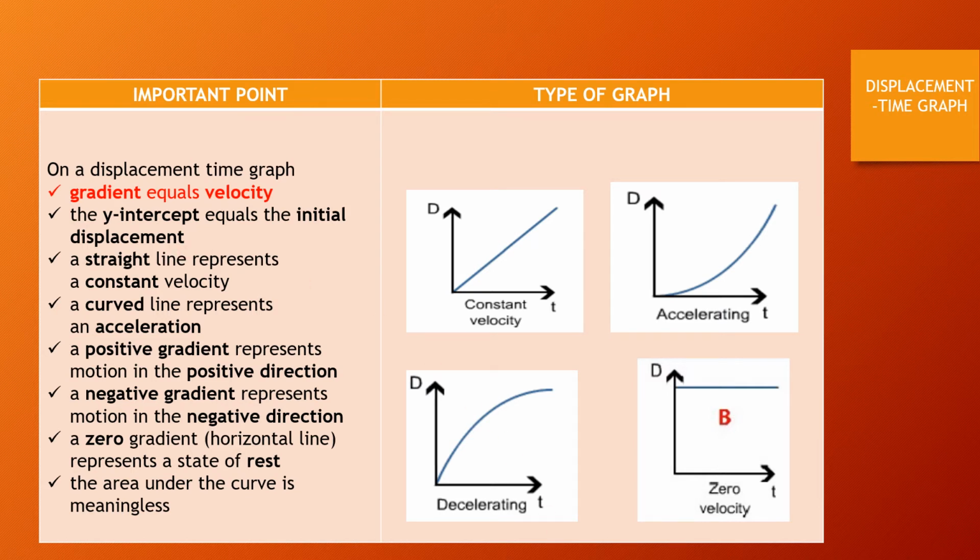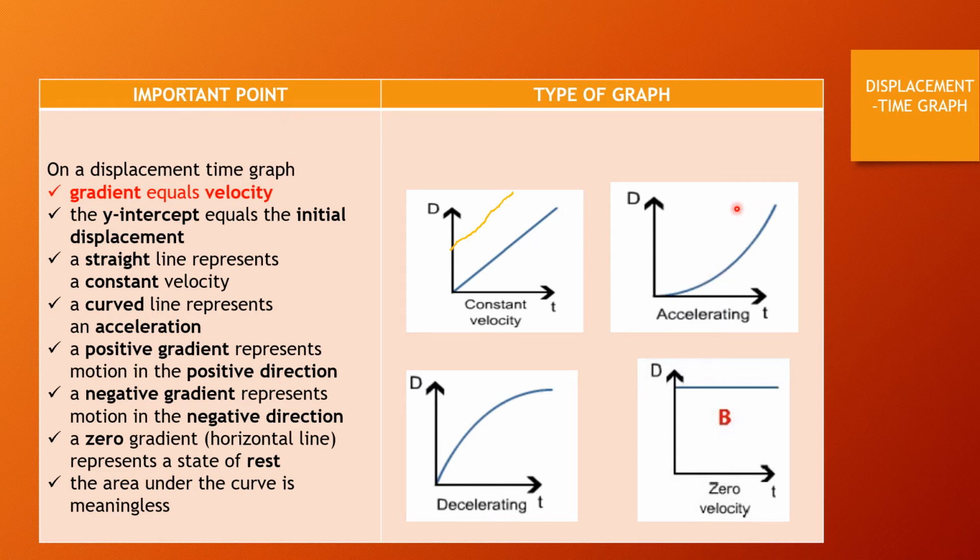That means when you have a straight line like this, this value here is the y-intercept, and it equals the initial displacement. For example, in this graph, the initial displacement is 0. A straight line represents a constant velocity. A curved line represents an acceleration.